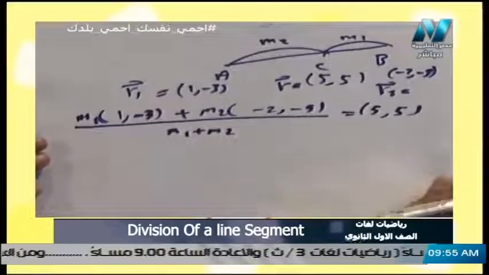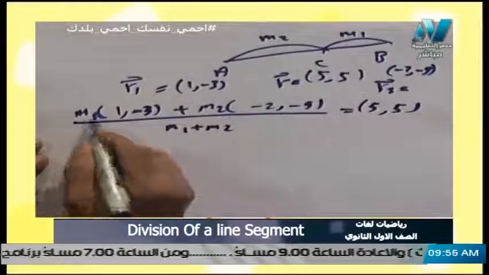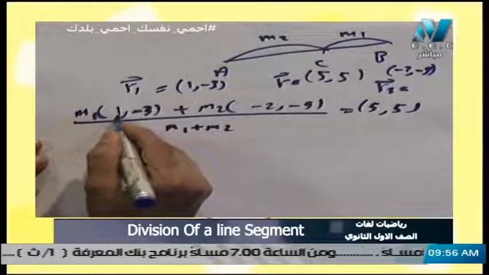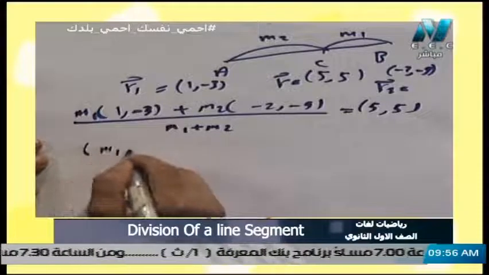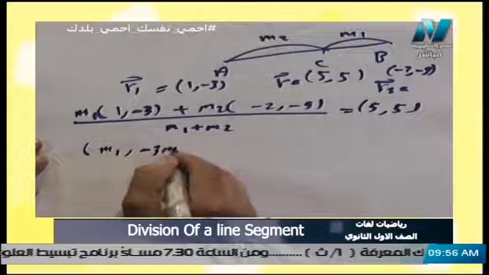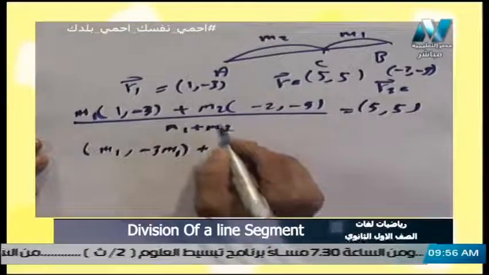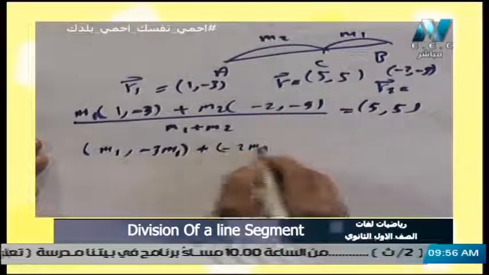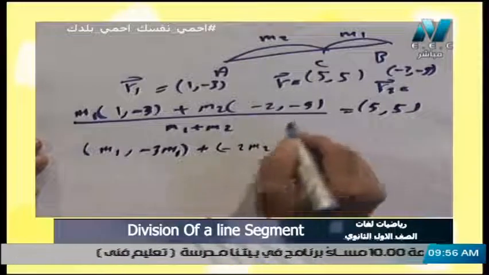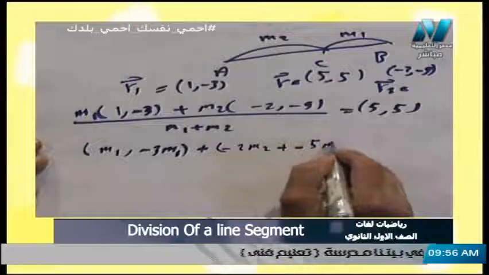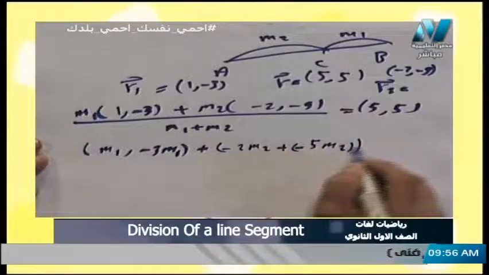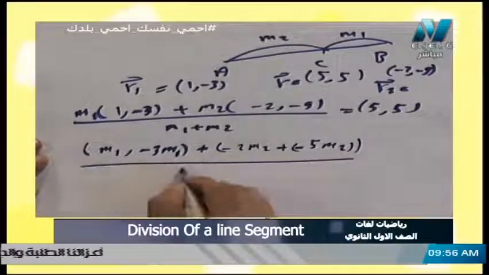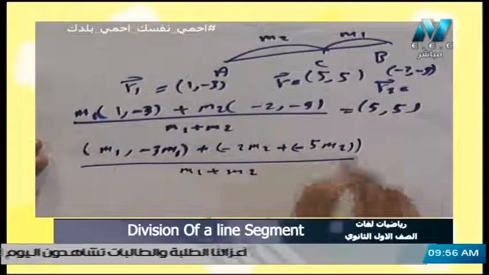So here M1 times 1 equals M1, and negative 3 M1, plus M2 times negative 2 equals negative 2 M2, plus negative 9 M2 gives negative 9 M2 over M1 plus M2 equals 5 and 5.